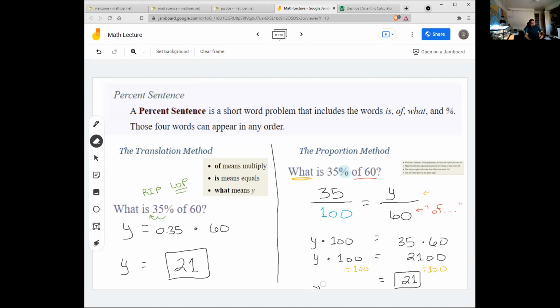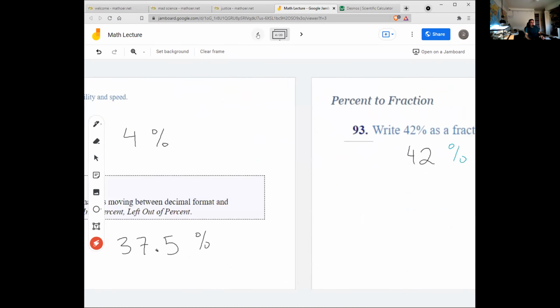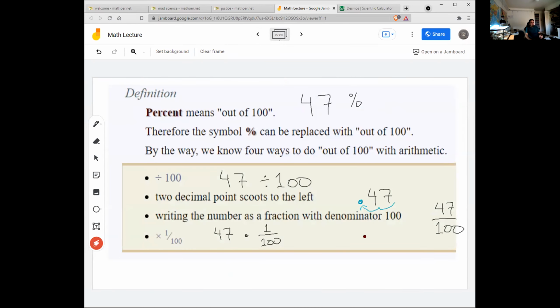Okay. Notice on this side that there is no riplop. Instead, we are making over 100 be our percent sign. We have different ways that we can do things with percents. And if we do the over 100 way, we don't need to do the riplop way.